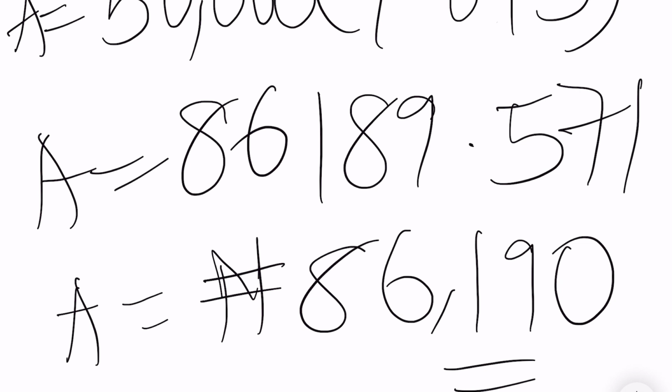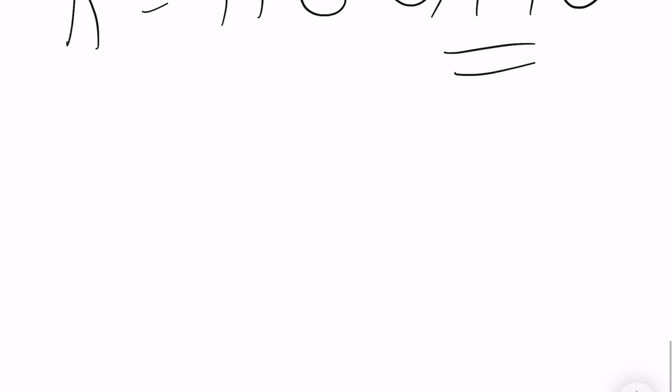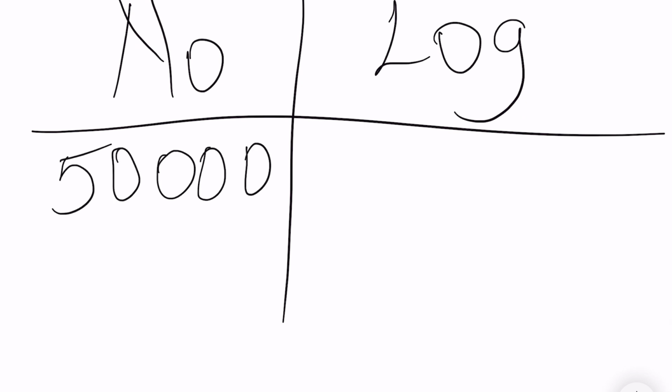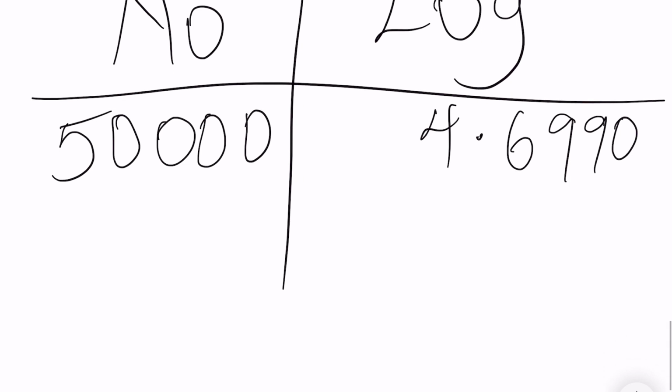Let's also try our logarithm form. We have number and log. Our first number is 50,000. The logarithm of 50,000 is 4.6990.